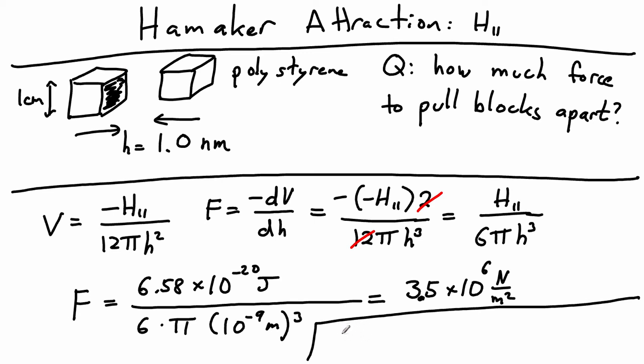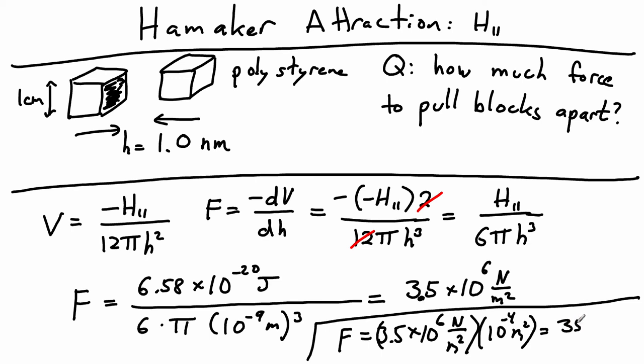So the force, we should label this as being force per unit area. But anyway, it's 3.5 times 10 to the 6 newtons per meter squared. And then we've got to multiply that by the actual area, which we said was 10 to the negative 4th meters squared. And so we can see the force is going to be 350 newtons.